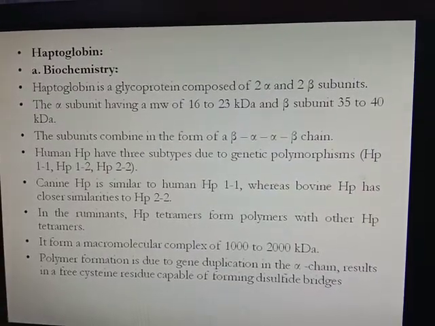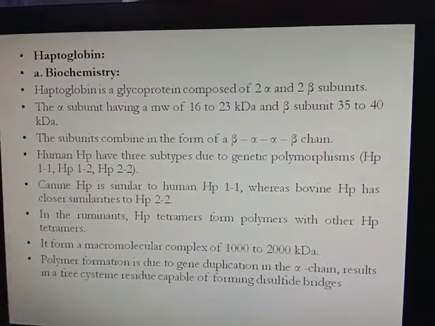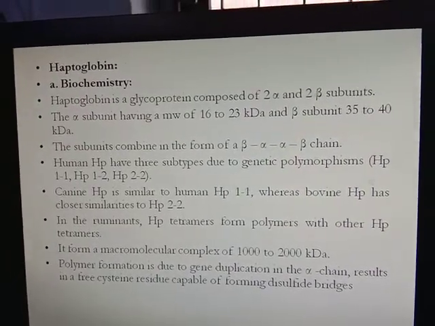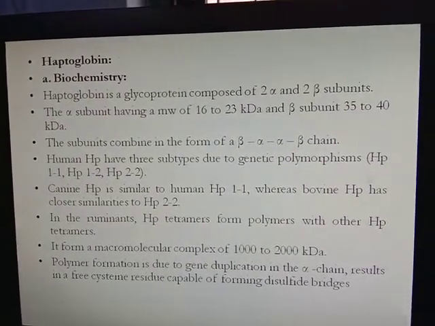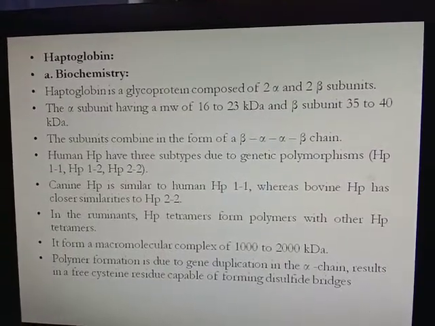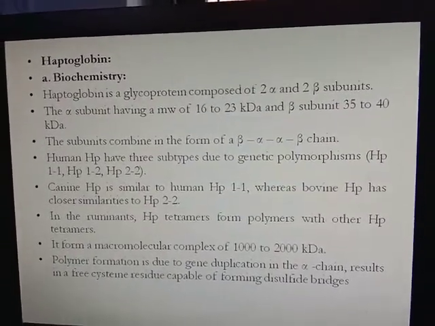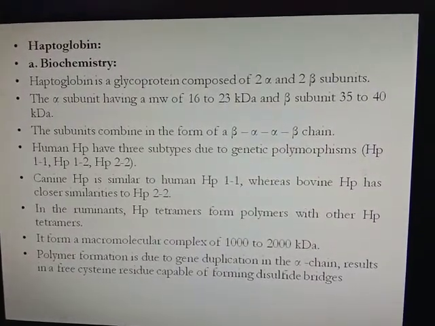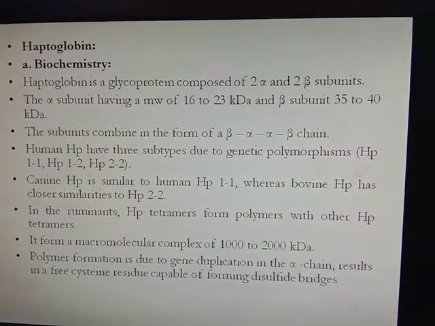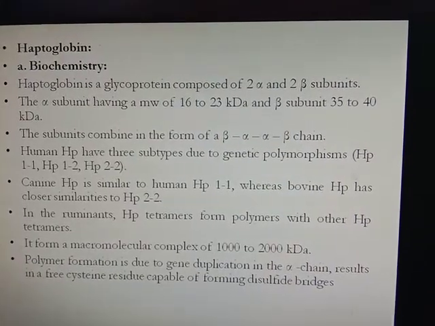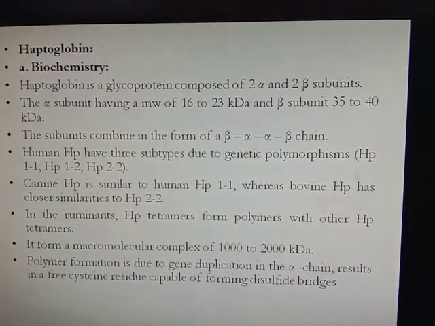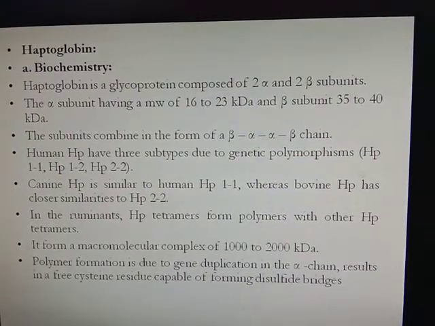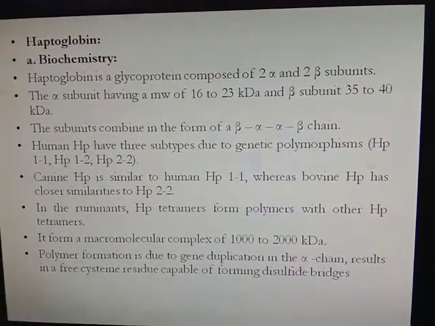It forms a macromolecular complex of about 1000 to 2000 kilodaltons, a polymer of haptoglobin tetramers. One tetramer binds to another tetramer. The polymer formation is due to gene duplication in the alpha chain, which results in a free cysteine residue capable of forming a disulfide bridge with another haptoglobin tetramer.